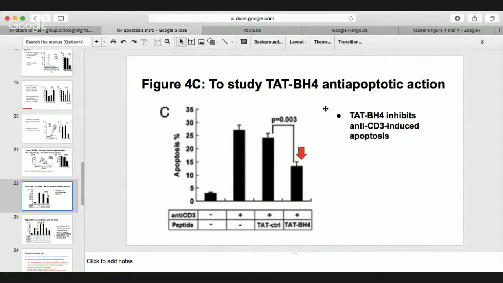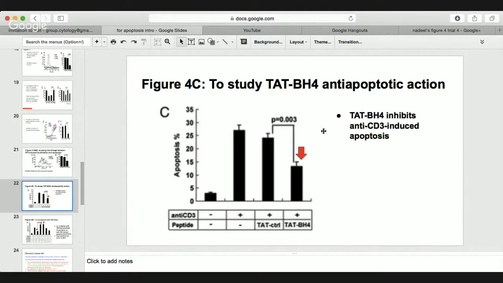To determine if the TAT-BH4 has anti-apoptotic action similar to the full-length BCL2, the Jurkat cells were pre-incubated with TAT-BH4 for 1 hour and then treated with anti-CD3 antibody in the continued presence of the TAT-BH4 for 24 hours. The cells were then quantified according to the percentage of the cells displaying apoptotic nuclear morphology.